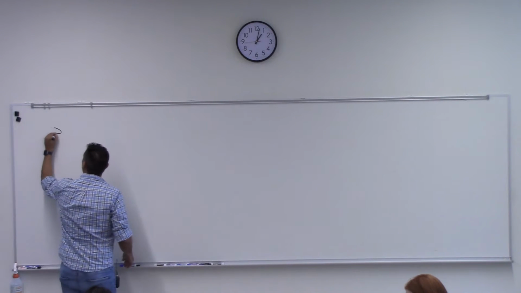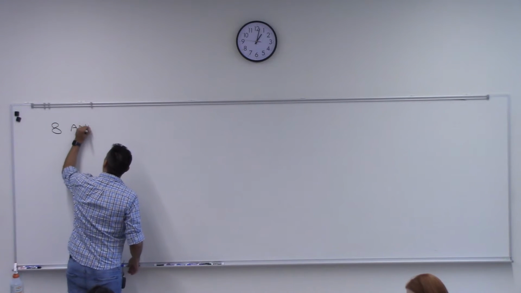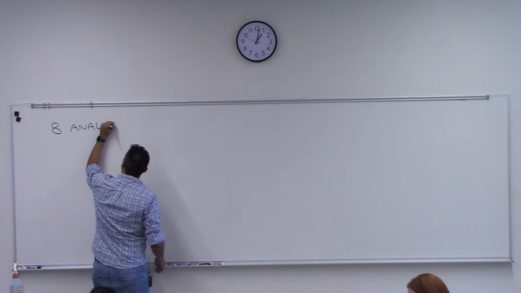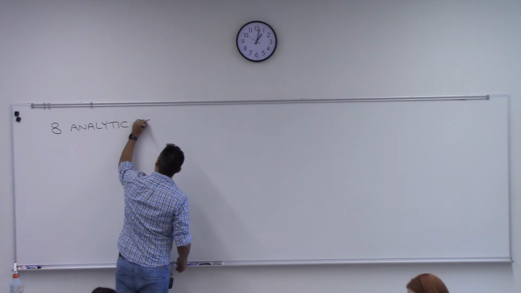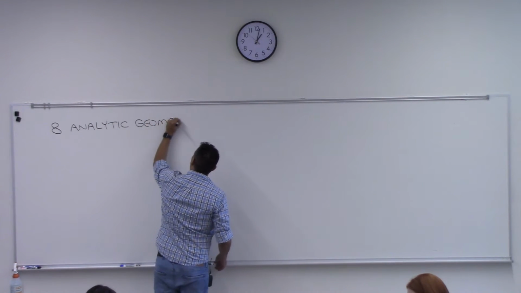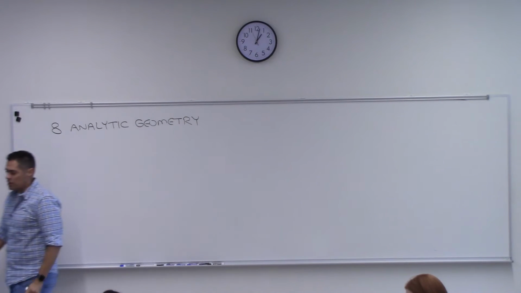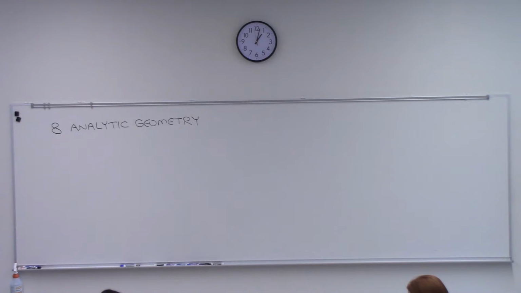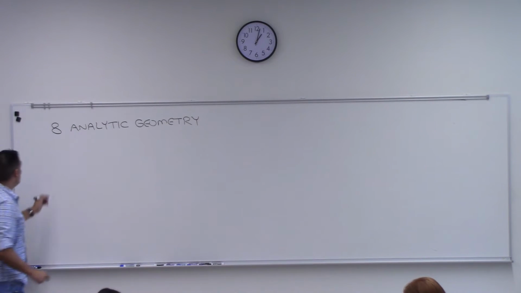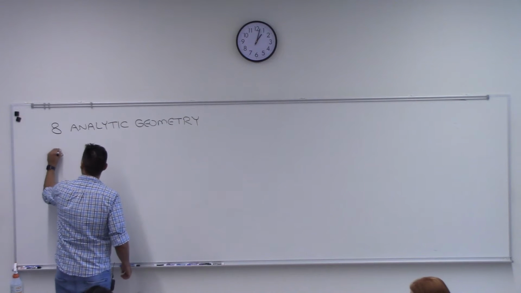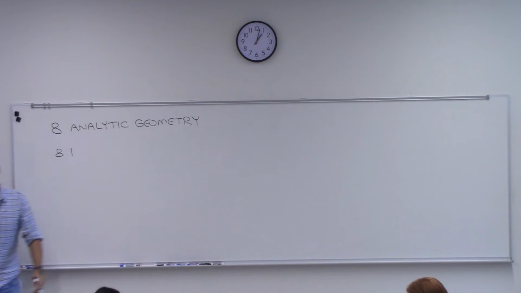Chapter 8. So analytic geometry is the title of this chapter. And the first section out of this chapter, 8.1, is titled The Inverse Sine, Cosine, and Tangent Functions.